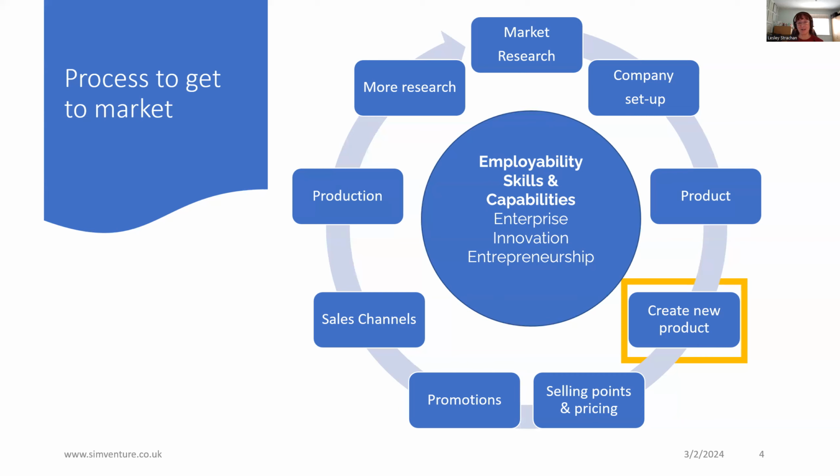So the basic process to get to market is to start with research, and in particular, the market research we've looked at in previous lessons. So we can go back to those if you need to. Today we're going to look at the product your company is selling, perhaps looking at a new product as well.